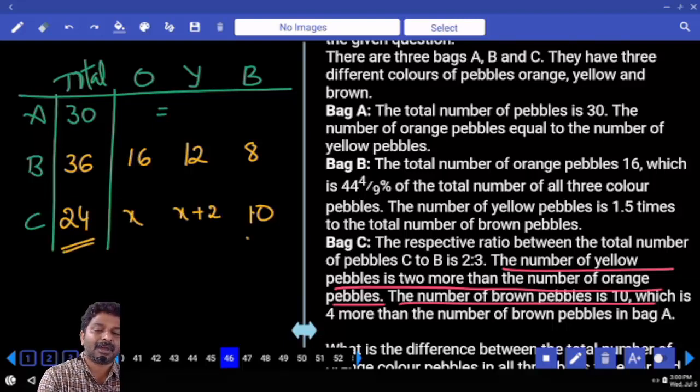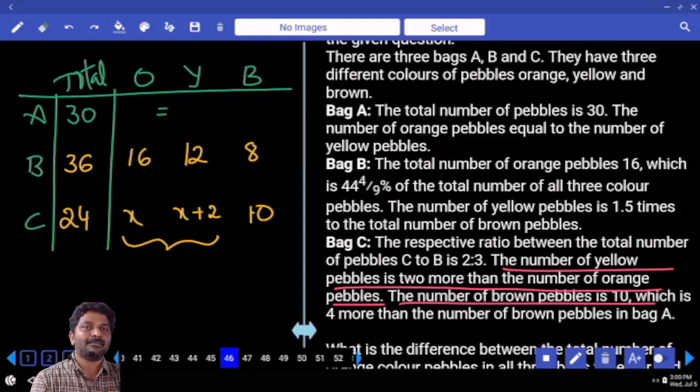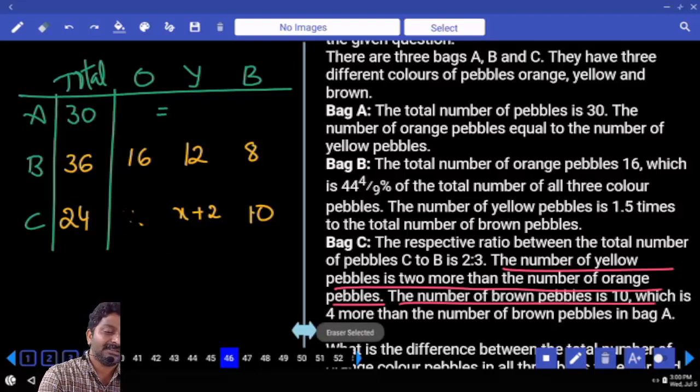Out of 24, already 10 we have. Remaining is 14, and one number should have 2 more, right? So from 14 subtract 2 to get 12. Equally divide. That means X is equal to 6. 6 orange are there. 8 yellow are there.